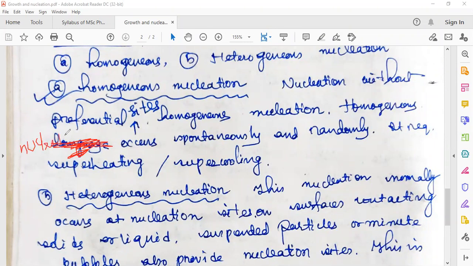Okay, homogeneous nucleation occurs spontaneously and randomly. Spontaneously and randomly, why? Because it does not grow on any base or support.